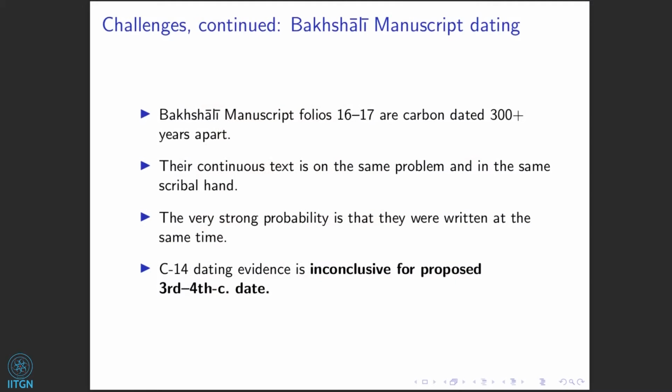And as textual scholars, we have to respect the inference that this very probably indicates that they were written at the same time.